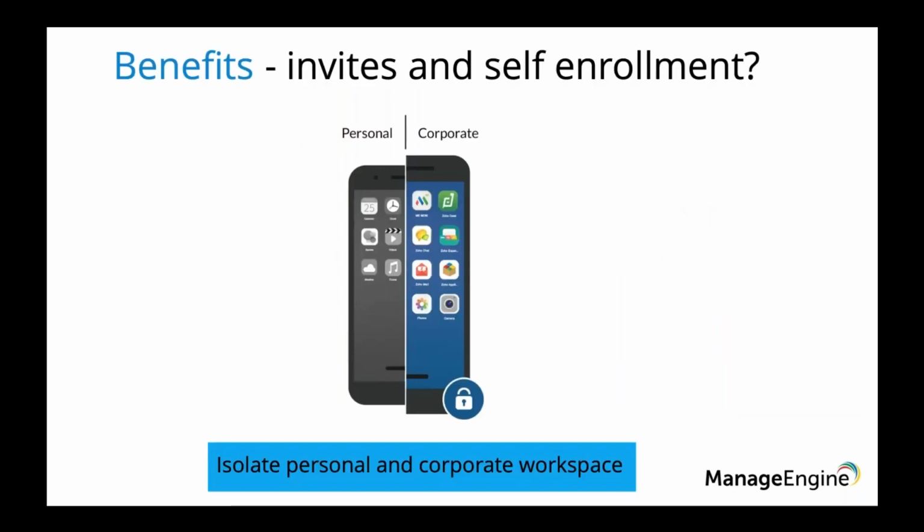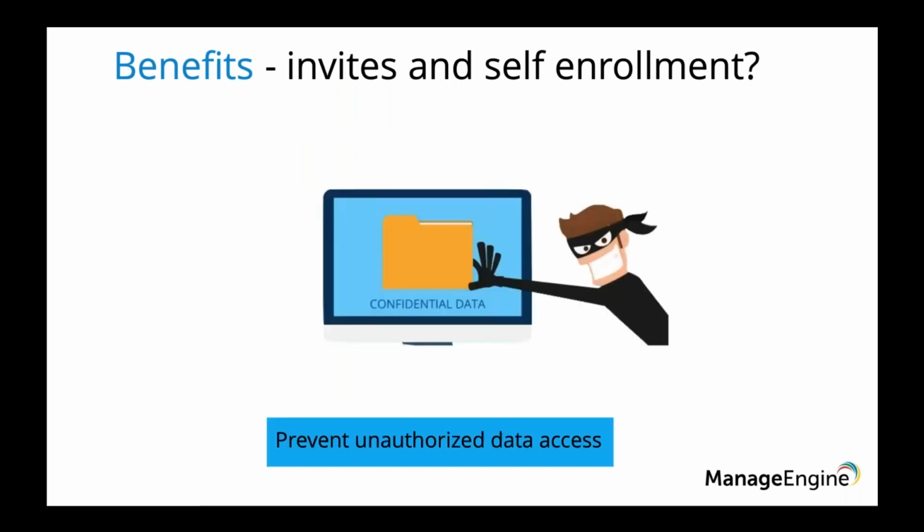The benefit of going for the enrollment invite or the self-enrollment option is that, first, we can create a workspace, a container that would isolate or separate your personal space from your workspace itself.